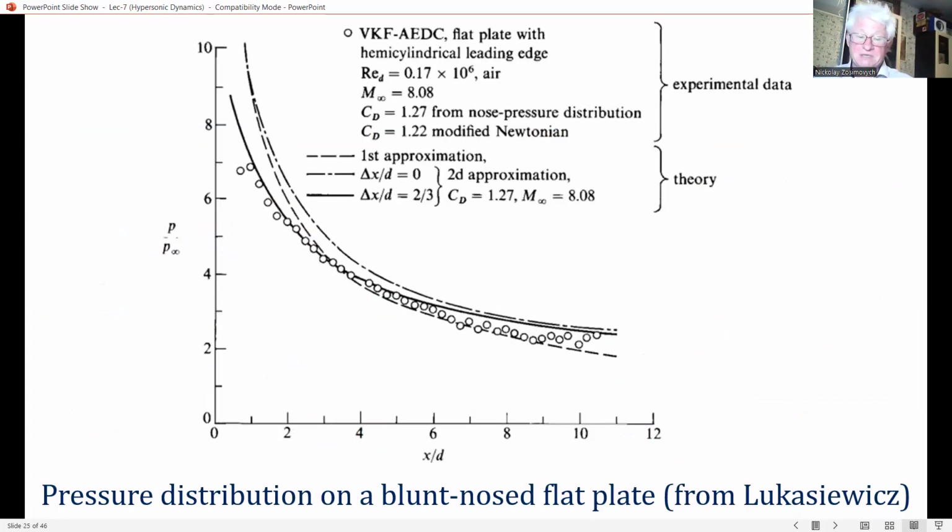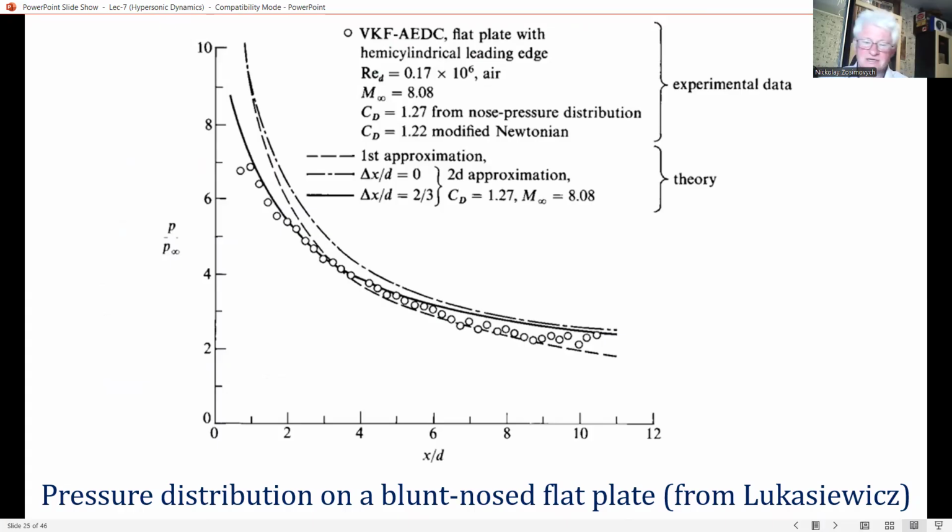Lukashevich compared the preceding equations with experimental data obtained at the Arnold Engineering Development Center, AEDC, and with more exact theoretical results based on the method of characteristics. Some of these comparisons are shown in this figure.